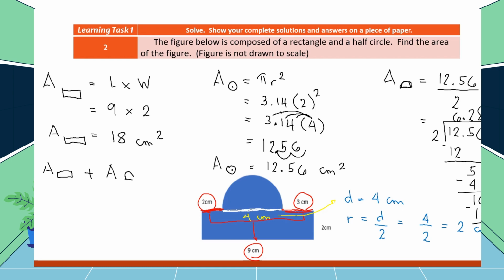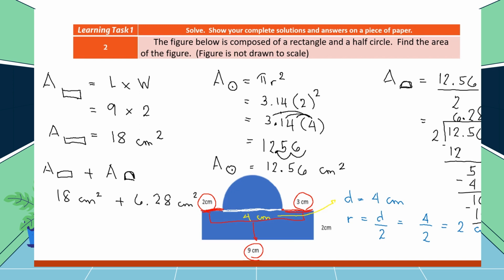The area of a semicircle. Okay? So, ano ang area of a rectangle? So, we found out na yun ay 18 square centimeter. Plus the area of a semicircle, 6.28 square centimeter.